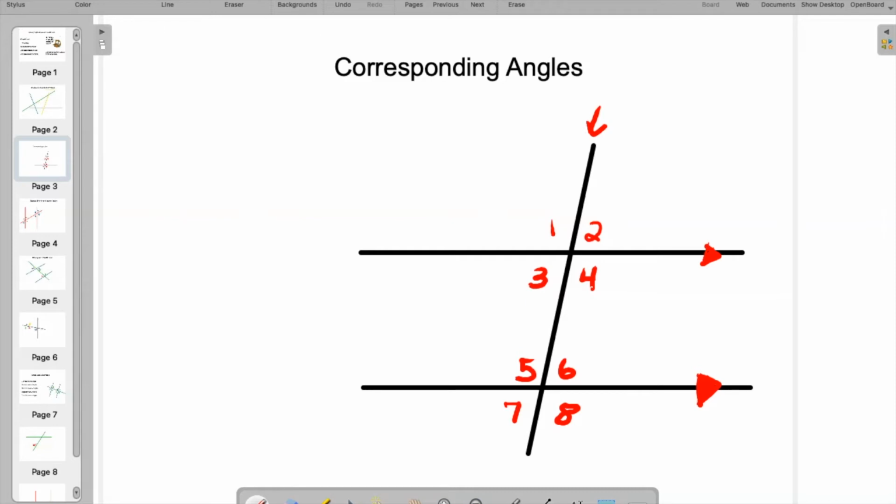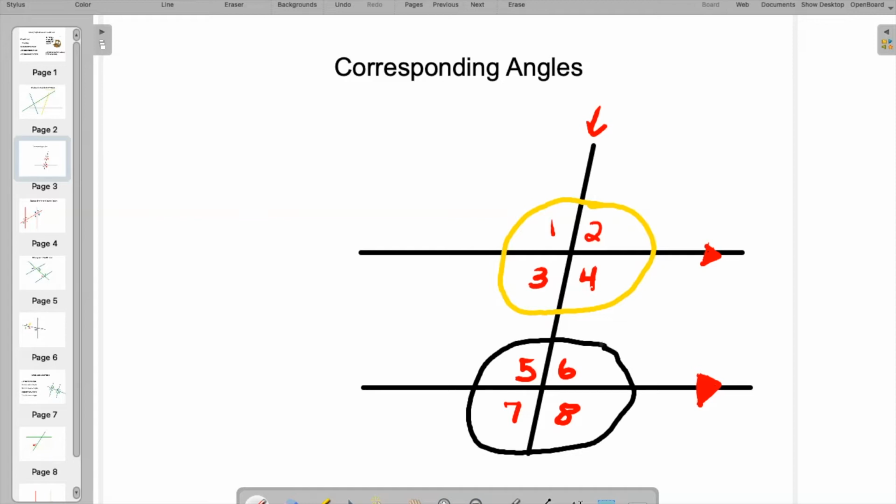What's interesting about this problem is when you do that, you create a set of four angles up here that add to a total of 360 degrees. But you also create the same set of four angles down here.